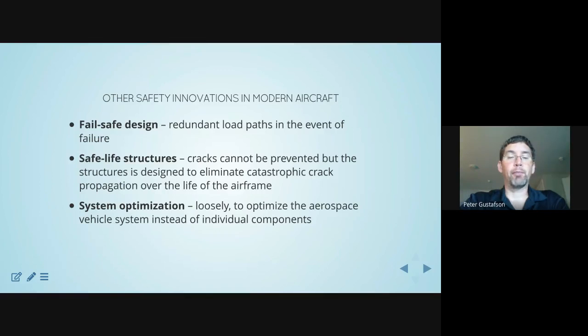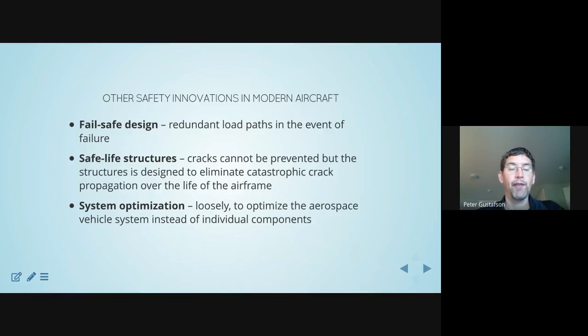And hopefully we can prevent them from growing even to the point where there needs to be a repair, although that's not always practical and sometimes has weight penalties associated that we can't accept. But bottom line, a safe life structure is a structure that's designed so that fatigue cracks never grow large enough to have catastrophic failure over the design life of the airframe.